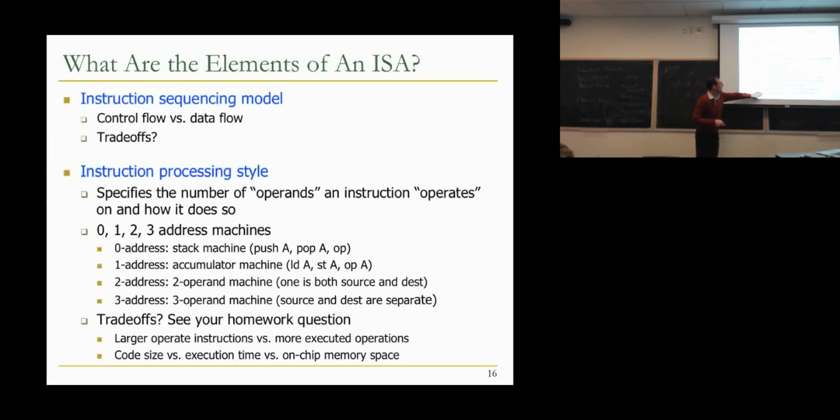Code size versus execution time versus on-chip memory space is a trade-off also. Right? Your code size might be really small with the stack machine, but you may need more operations. Your instruction size can be really small with the stack machine. Right? But again, you may need more operations. Your instruction size here may be small, smaller than a 3-address machine. A 2-address machine has an operate instruction size that's smaller than a 3-address machine.